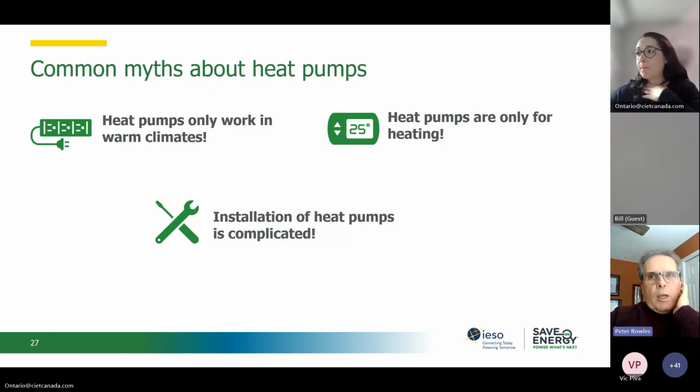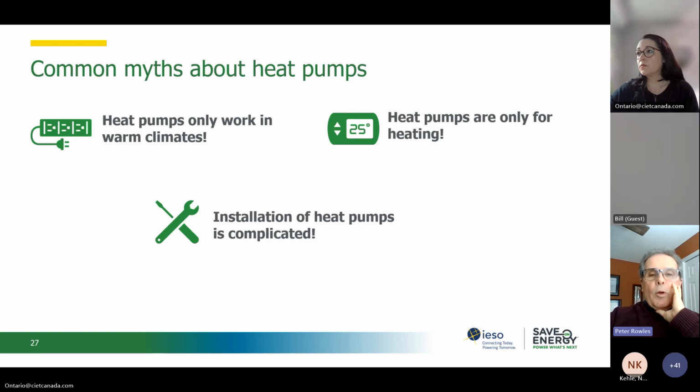Okay, so heat pumps only work in warm climates. And I think there were some other issues about effectiveness in cold climates. It's true, and we talked in the earlier presentation, that the coefficient of performance drops off as the outdoor temperature drops, but that's an equipment selection and sizing issue.